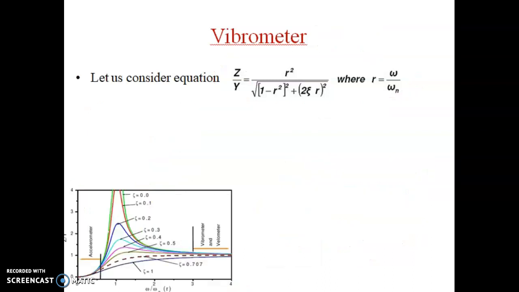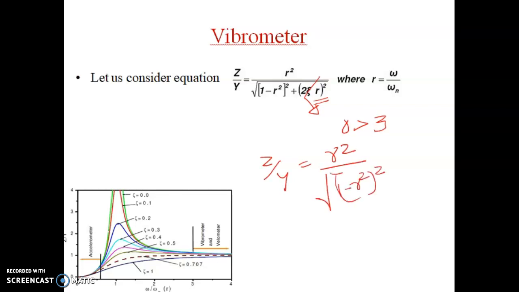So in this equation, for larger values of R, that is R greater than 3, we neglect this portion because it is negligibly small. So this equation becomes Z by Y equals R squared divided by the root of (1 minus R squared) the whole squared.